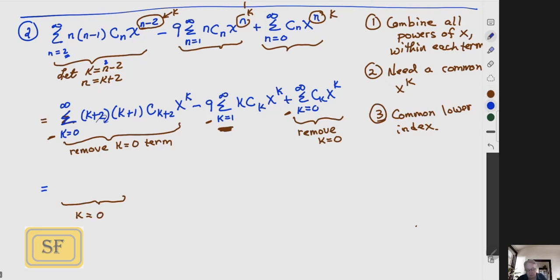When k is 0, this becomes 2 times 1 times c sub 2, and I'll put x to the 0, which just means this is a constant term. And then the remainder of my terms can be written as a single summation, now with a lower index of 1, k equals 1 to infinity. The actual expression inside the summation does not change.